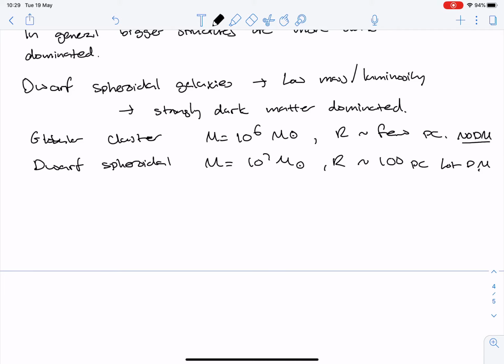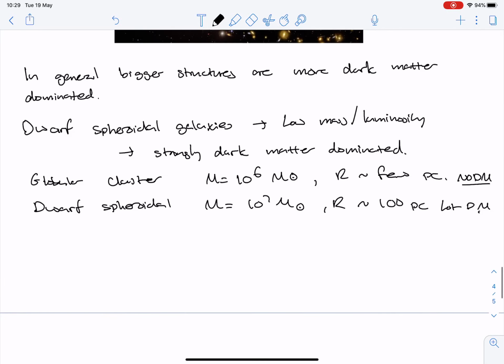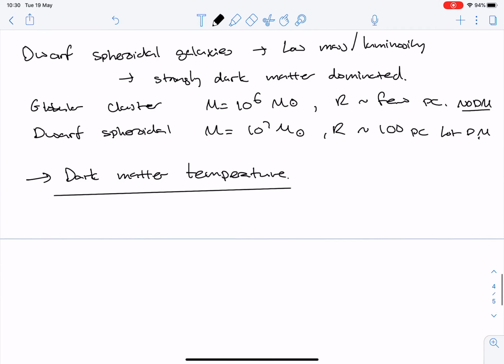But what this leads to is the concept, it's very important, bigger structures end up with more dark matter. And that must tell you something about how dark matter behaves. And in turn, that leads to an idea of something called the dark matter temperature. When we talk about temperature, what we really mean is a velocity.